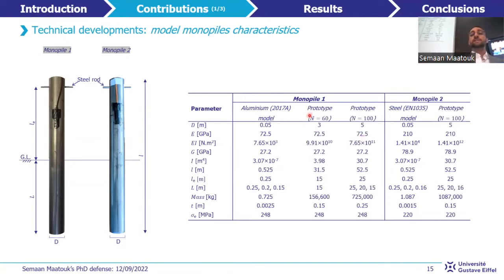The first model is the most used and is made of aluminum in order to respect the scale factor of flexural and axial rigidity, because as the model thickness is thicker than the monopiles used in field conditions. However, the second monopile is made of steel with the same characteristics as the first one, apart from the wall thickness, which is thinner, in order to study the effect of the wall thickness during the installation on the horizontal response.